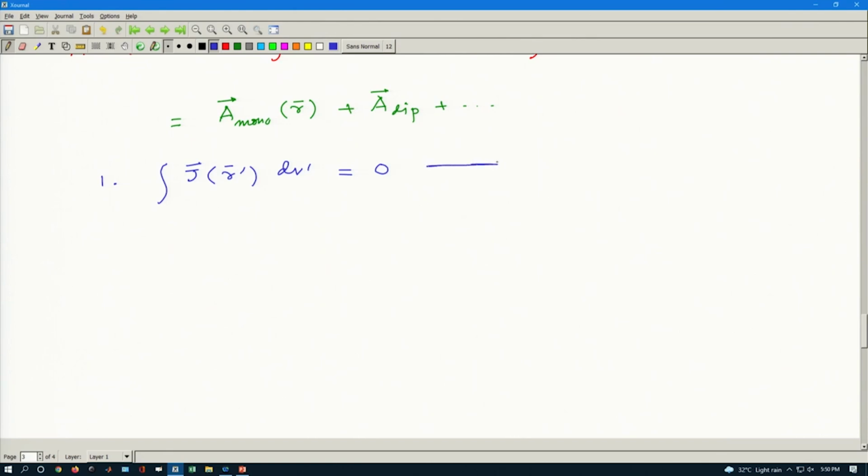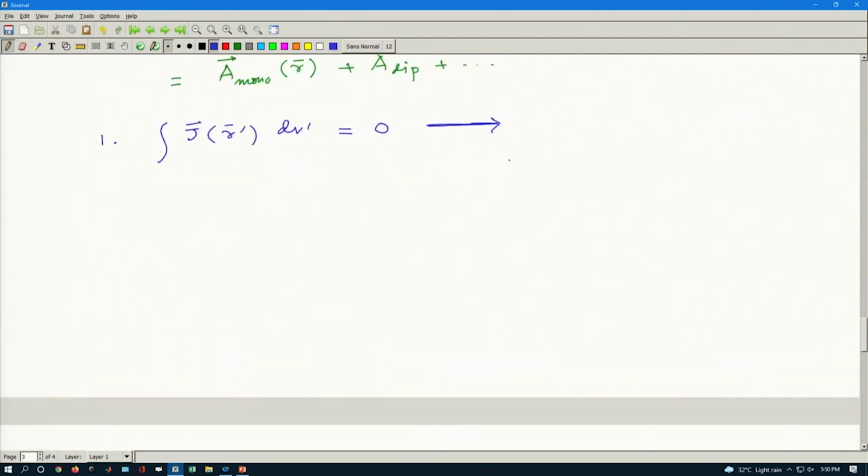If you want to check this proof, it is in the Sturm-Pollock book, but if I have some time, as I mentioned, I will do that here in class. So, that makes the monopole term 0.